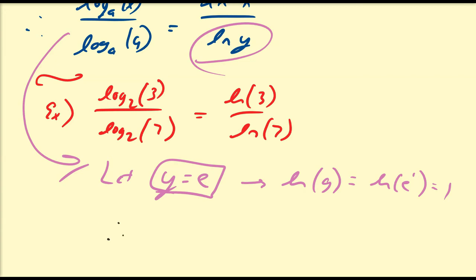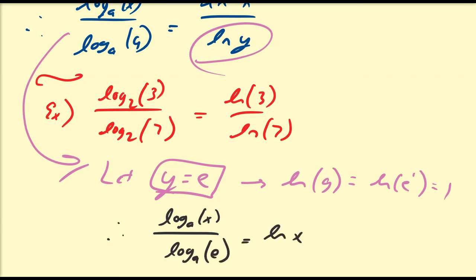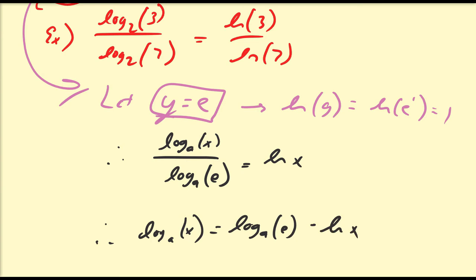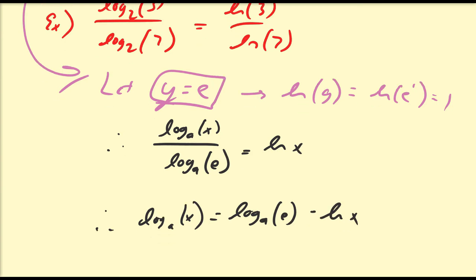So the log base a of x over the log base a of e is equal to the natural log of x. Multiplying both sides by the log base a of e gives the log base a of x equal to the log base a of e times the natural log of x.